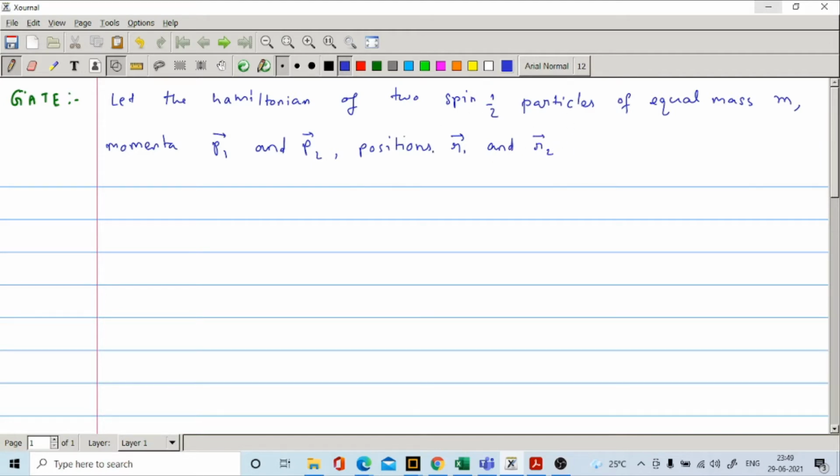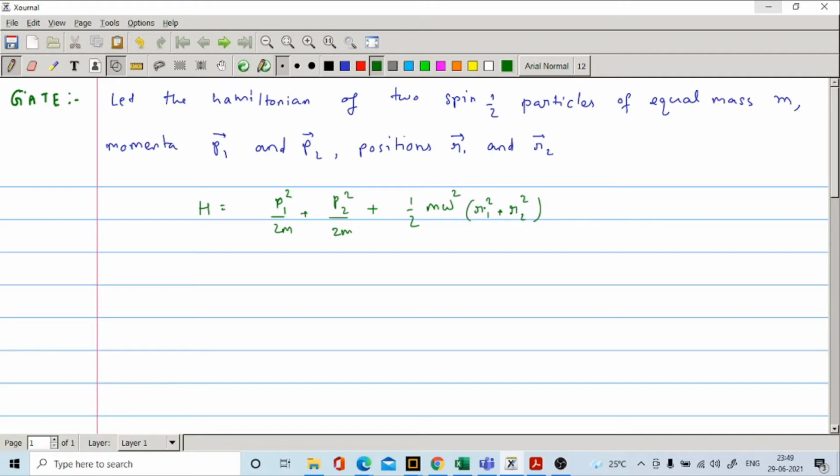The Hamiltonian for this particular system is given as this: H is equal to p1 square by 2m plus p2 square by 2m plus half m omega square (r1 square plus r2 square).